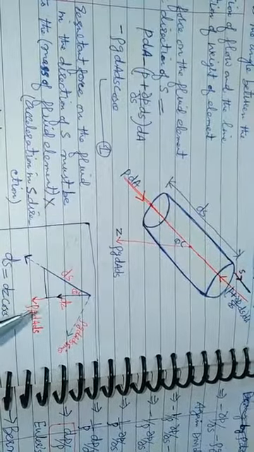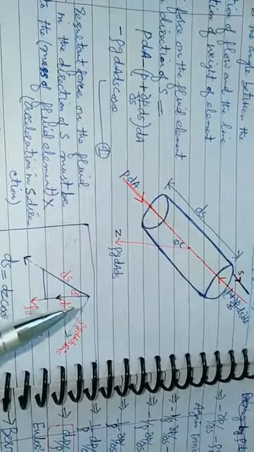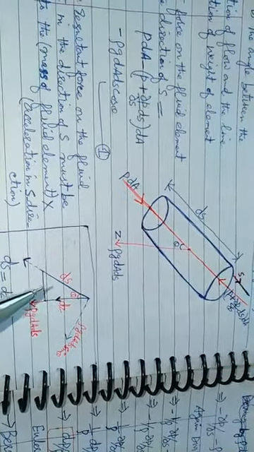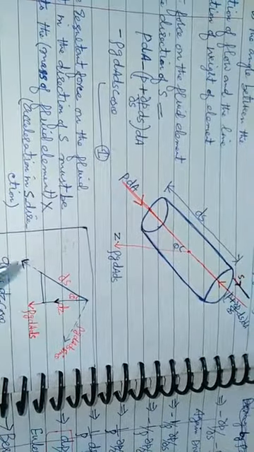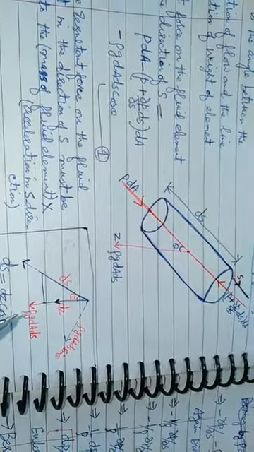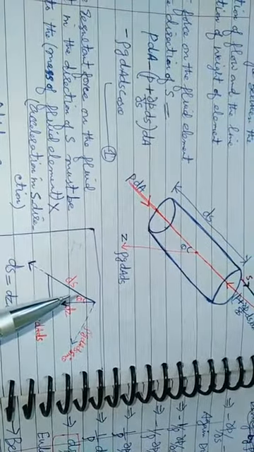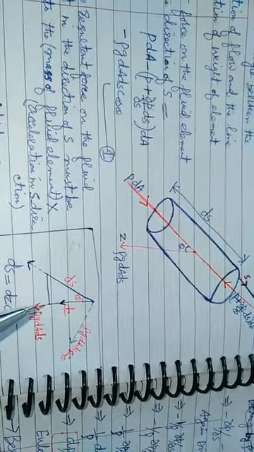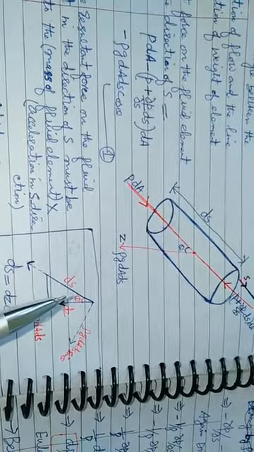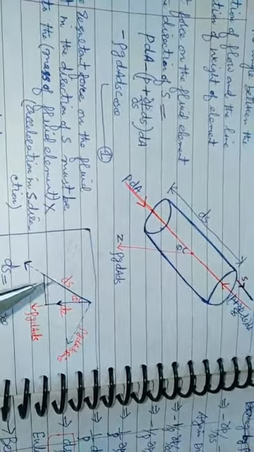This weight can be resolved along two perpendicular axes, along this side and along this side. Suppose this weight rho g dA ds is inclined at angle theta with the ds direction.